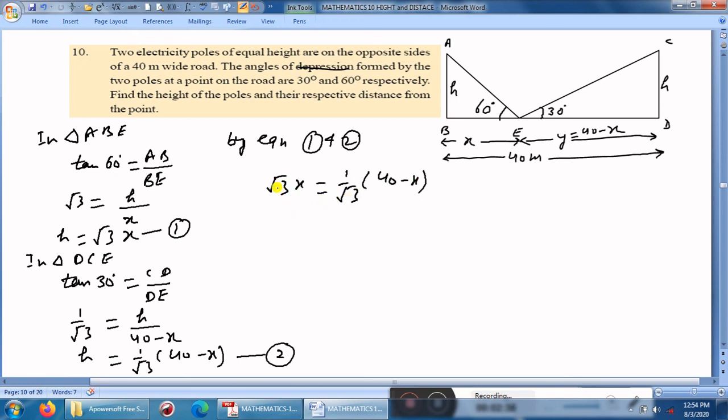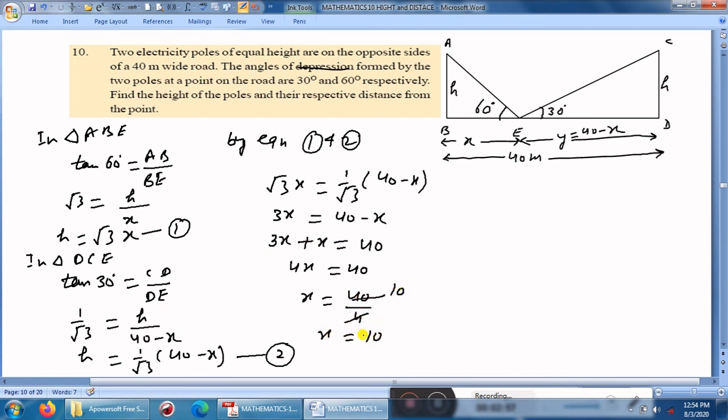So root 3 multiplied to this side, it becomes 3X is equal to 40 minus X. X transferred to the left hand side, so 3X plus X is equal to 40. It is 4X is equal to 40. So X equals 40 divided by 4, so X becomes 10 meters. So that is the first answer, the distance of the first pole from E.